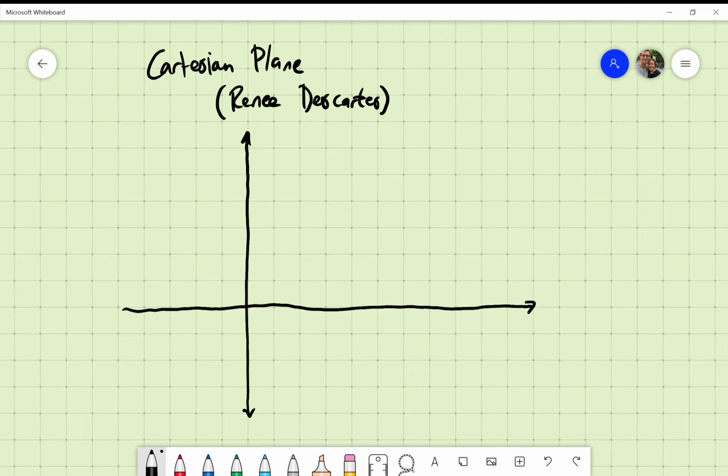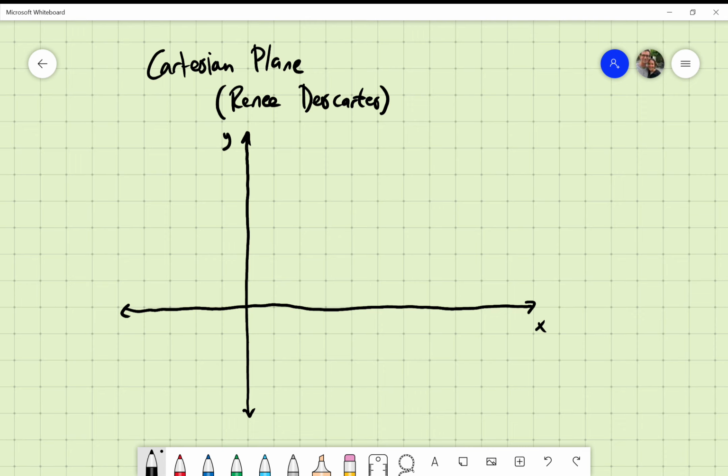Okay, this is the Cartesian plane, just a new name for something you've always known about, because René Descartes was the first one to put geometry into an XY coordinate plane. Great job, René Descartes. By the way, in French, René is not a girl's name, it's a guy's name, in case you're wondering.